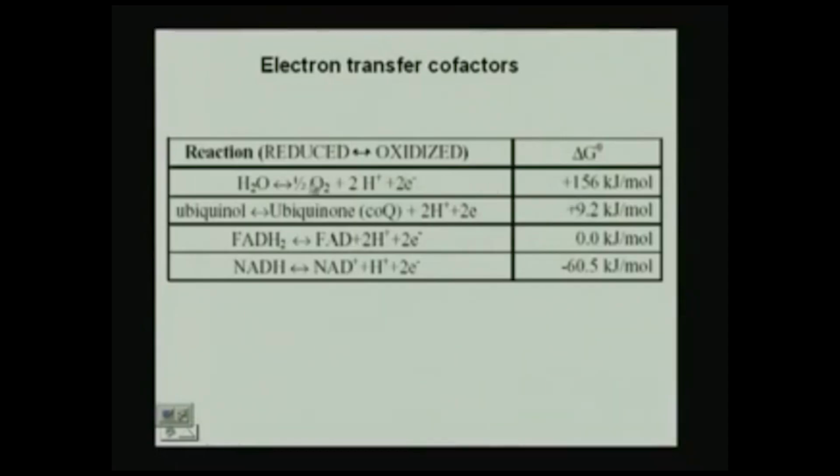So, if I want to go from the reduced form, that is water, to oxygen, I would need this amount of free energy change. FADH2 to FAD plus 2H plus 2 electrons is 0. NADH to NAD plus H plus 2 electrons is minus 60.5. Okay, and we will see how in the energetics all these combine to give you favorable energy once we complete the metabolism of carbohydrates.